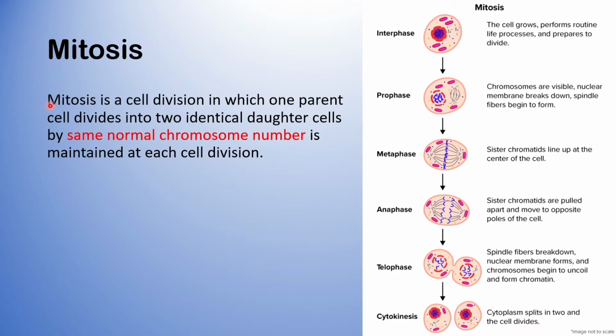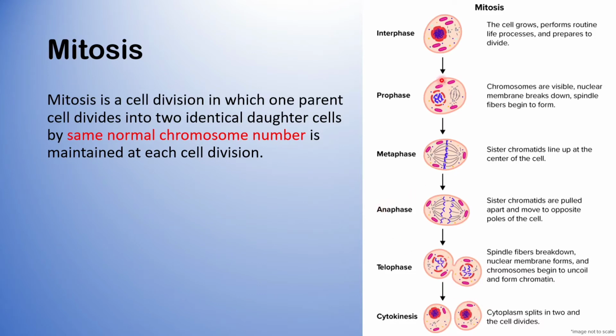Only one parent cell is divided into two identical daughter cells. So the parent cell divides in this process and it maintains the same number of chromosomes and the nucleus.